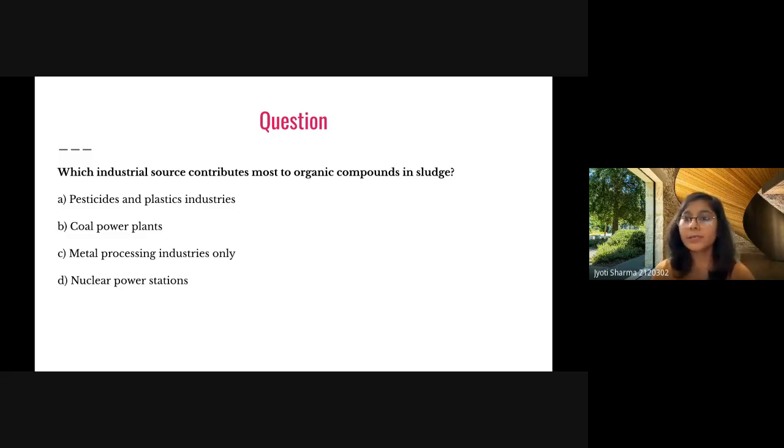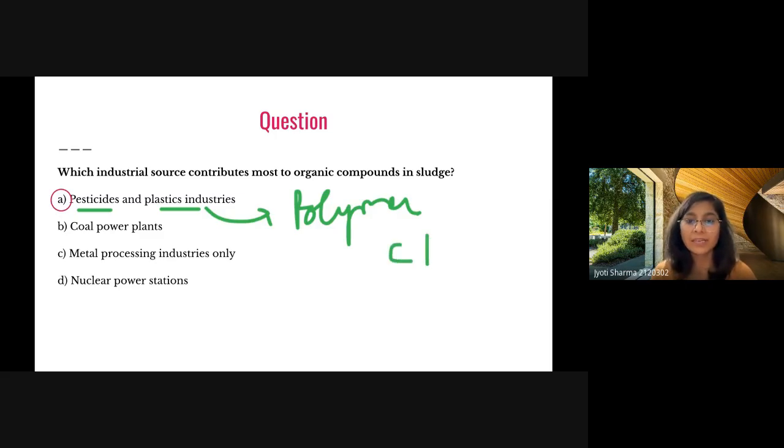So yes, A is the right answer, because pesticide or plastic are made up of polymers, and these polymers are mainly made up of CH, or sometimes sulfur also. So these are giving you the organic compound in the sludge.